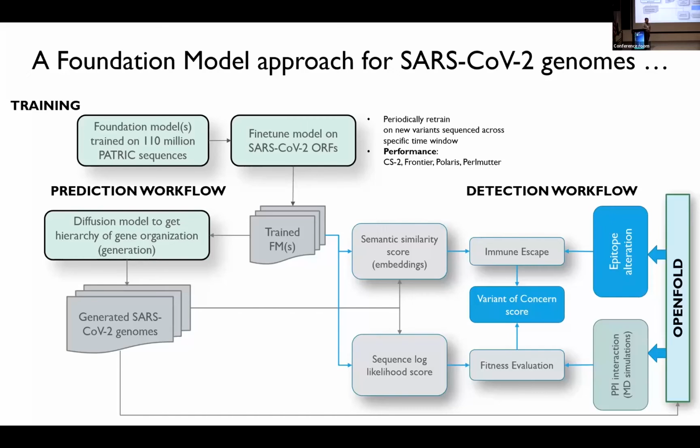It's a synthetic SARS-CoV-2 genome, which we can now measure the semantic similarity as well as the sequence log likelihood score, and do the same thing with OpenFold so that you can get the variant of concern. So you can sort of ask this question, can I prospectively measure what is changing in the SARS-CoV-2 genome that I might have not paid attention to in the wild?